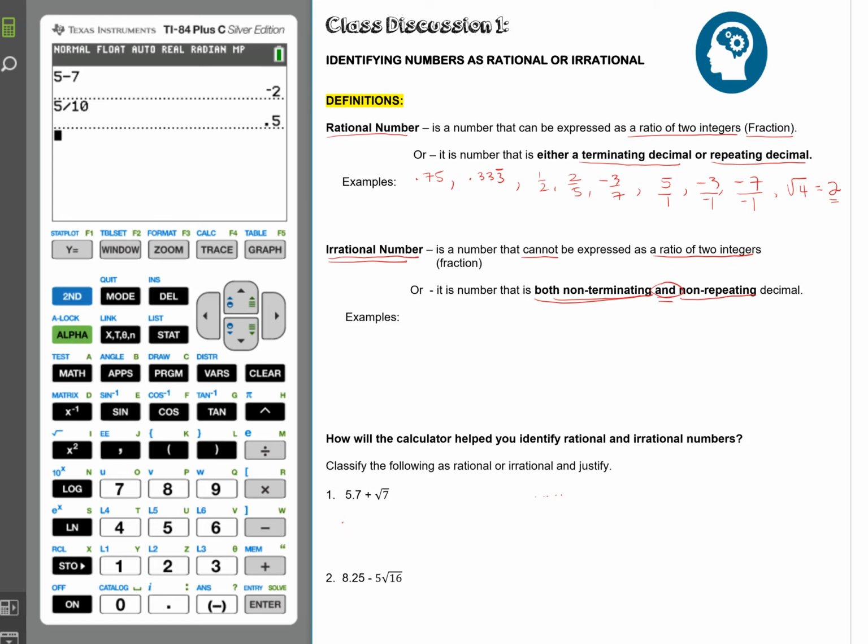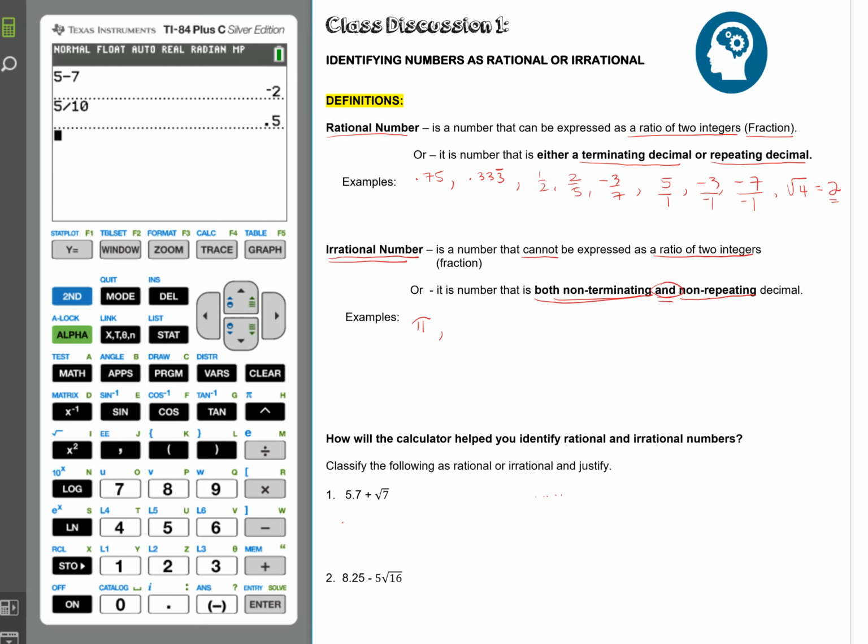So examples here are pi. Pi is an example of an irrational number because it's 3 point something and it's a non-terminating and non-repeating decimal.